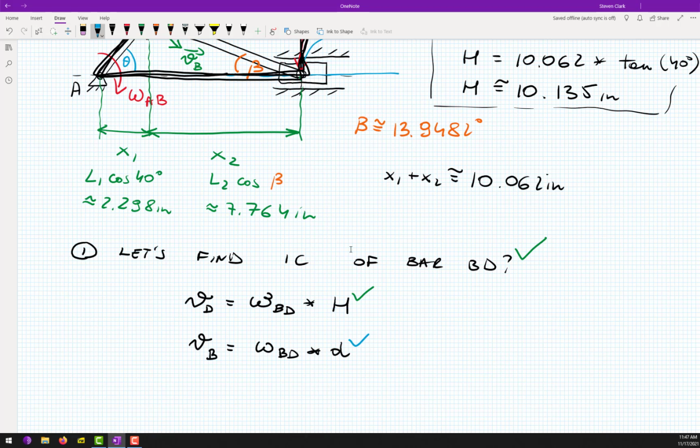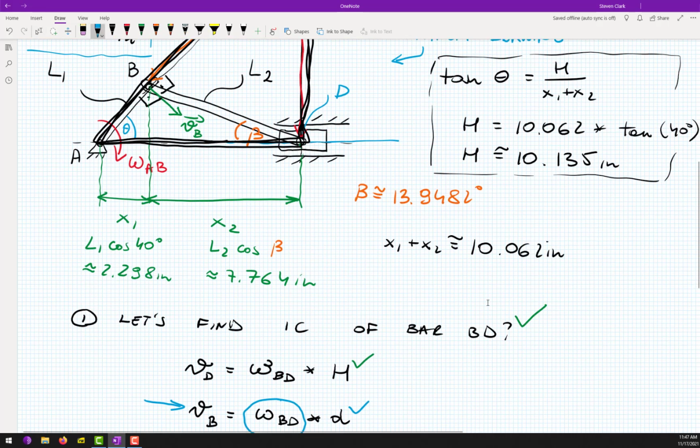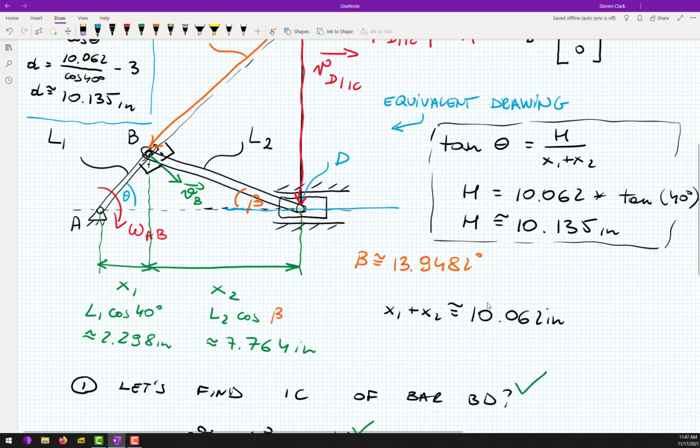So in order to find omega BD, we must also find VB. Anybody want to help me? How to find velocity of this point? And we don't need that black triangle anymore. Yeah, Trevor? Vector analysis, exactly. We can do vector analysis. However, do you remember our discussion last Wednesday? We covered rotation about a fixed point, and A is a fixed point.